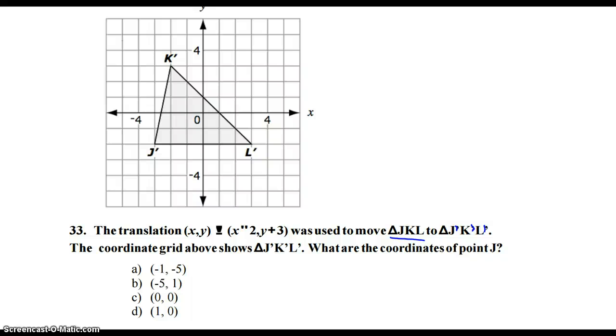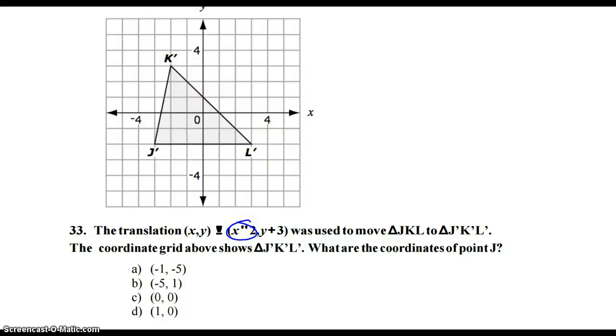What are the coordinates of point J? Now point J is part of that original triangle that they moved. Okay. So they're showing us the post image of the translation. So we need to find the original position of point J. Now the problem is finding the exact point, because they give me some funky stuff here.